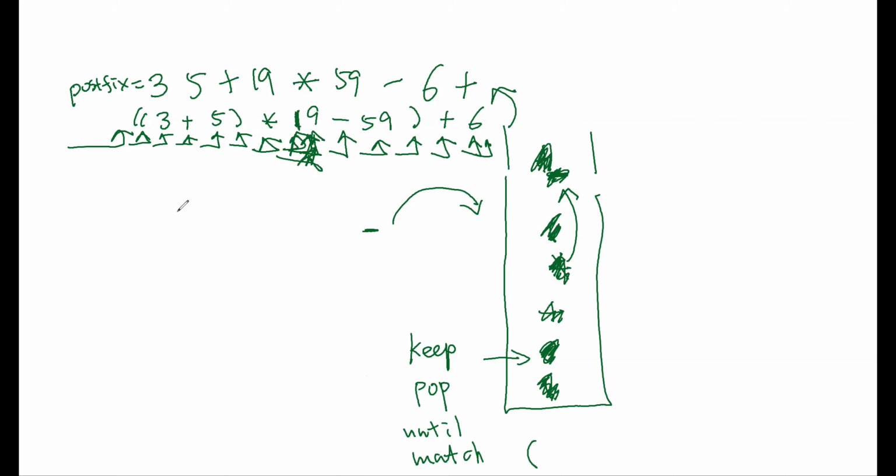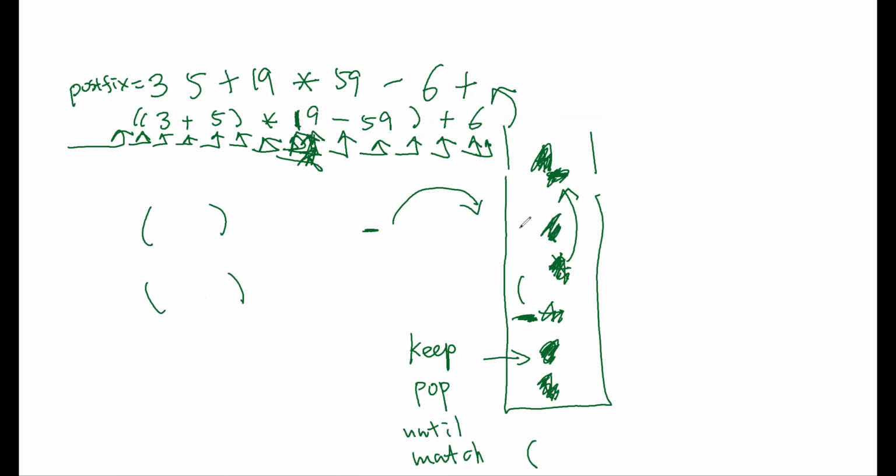Now you see the left and right parentheses matching, and how do we deal with it? You just have the left one in the stack, and then when you see the right one, you can use the stack to find the matching one.